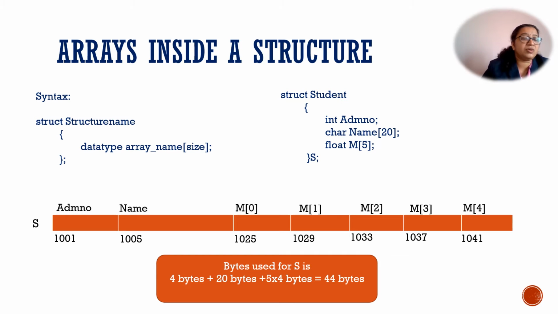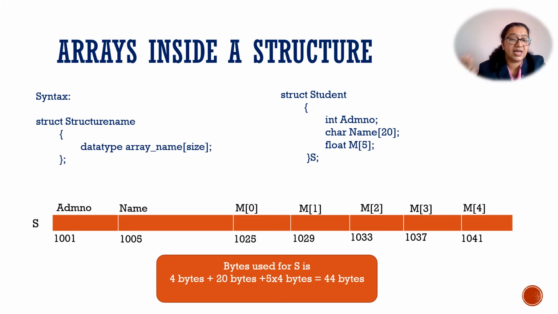So this is the way of declaring arrays inside a structure, and the memory block will be like this. S is the name given, admission number is the first column, name is the second column. For name also 20 columns are there. Then for mark, float M, M of 0, M of 1, M of 2, M of 3, M of 4, cells will be created like that.